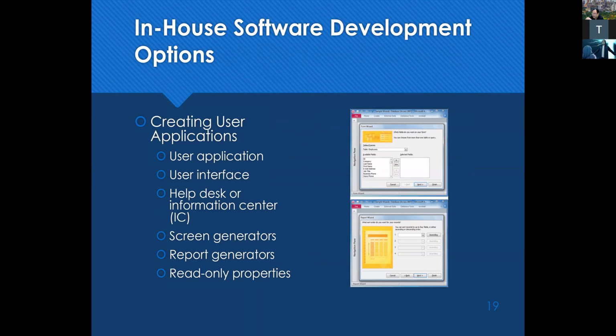For example, you can purchase off-the-shelf software and use it straight away. Or you may use software that is customizable, then you have to ask the software owner to customize that software for your company.